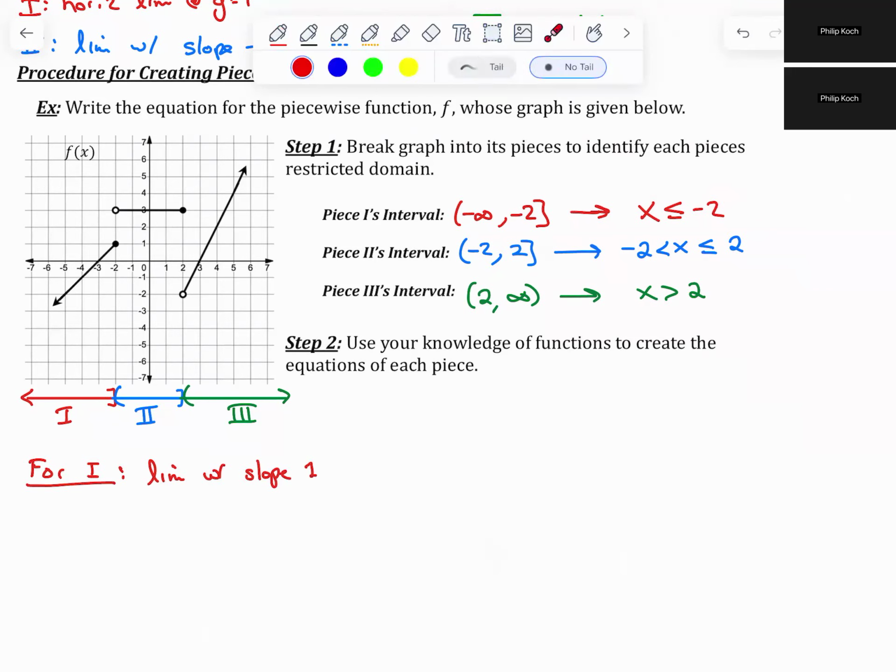You can look at any 2 points and you can see that it goes up 1 over 1, up 1 over 1, or up 2 over 2, and so on and so forth. So you know the slope is 1. And remember, all you need for the equation of a line is either 2 points on it or the slope and a point. We have the slope and we have a point. With point -2, 1.